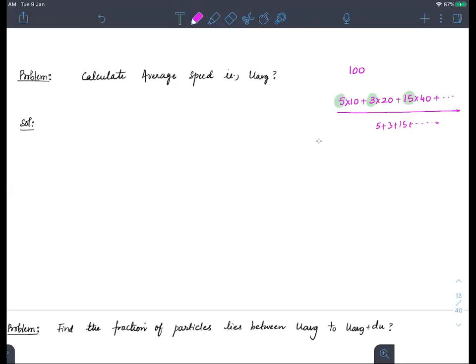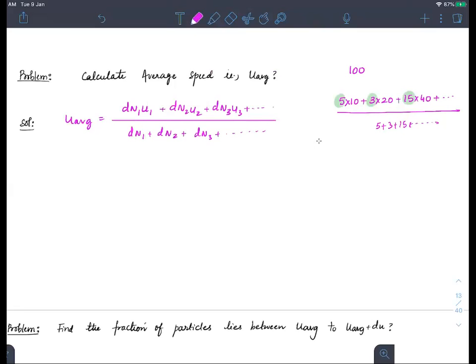So I'm writing the same thing for u average here. u average is equal to dn1 into u1, the number of particles, sorry, the small number of particles having the speed of u1, plus dn2 u2 plus dn3 u3 and so on, divided by dn1 plus dn2 plus dn3 plus and so on.